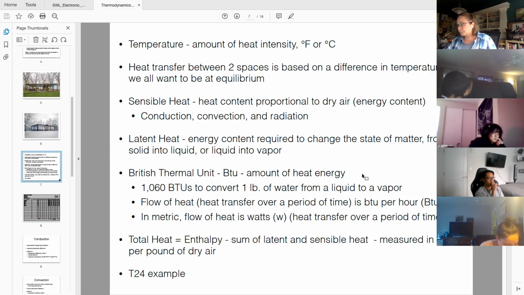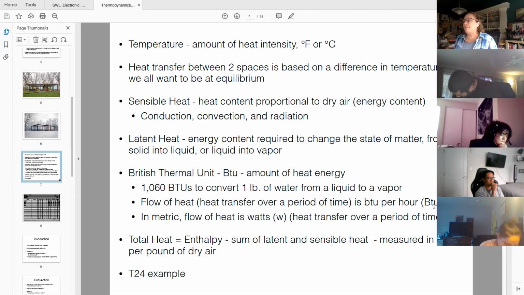That is a quantity of energy, but what we often are talking about is actually the flow of heat energy over a period of time, and that's called BTUs per hour. So how much energy is used per hour?